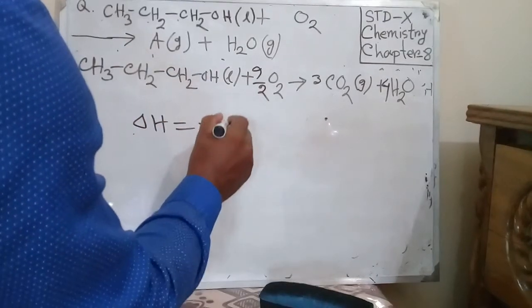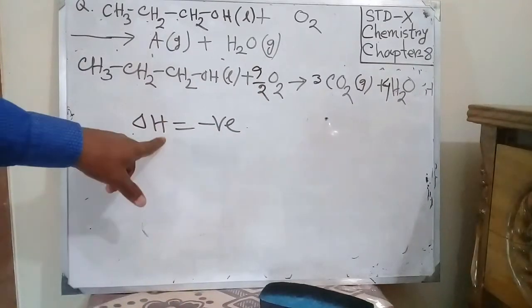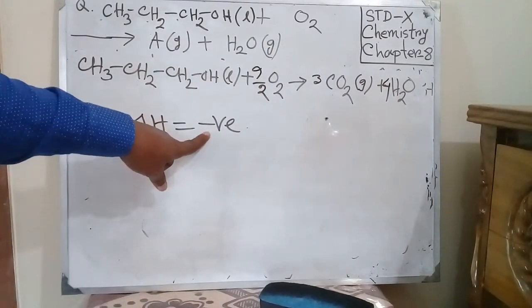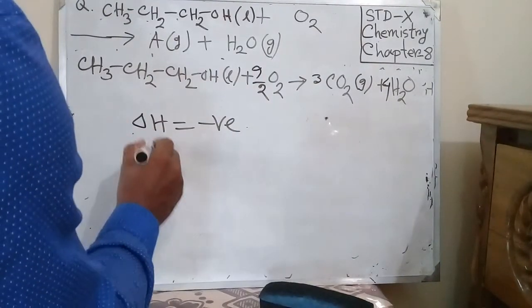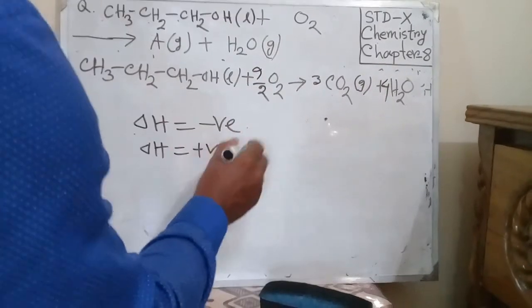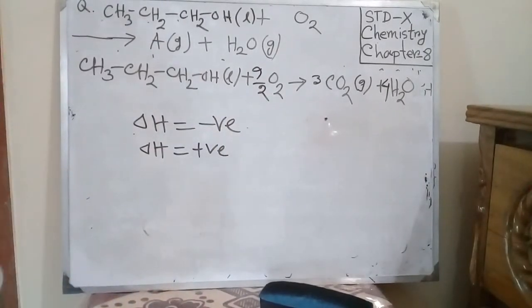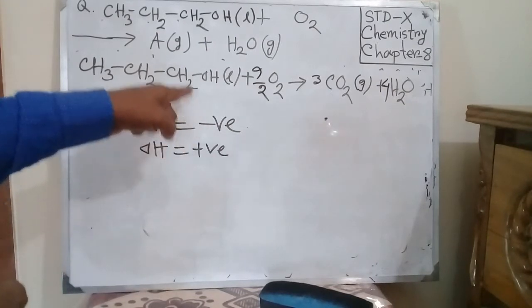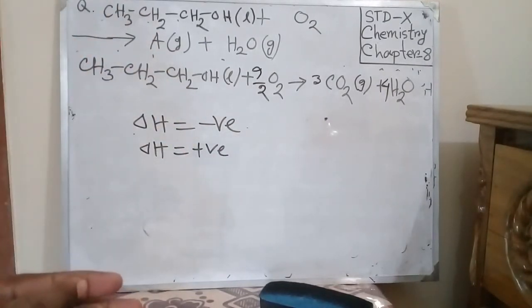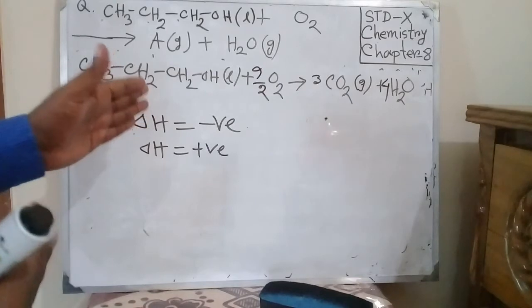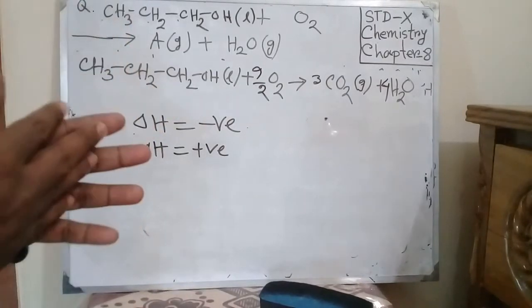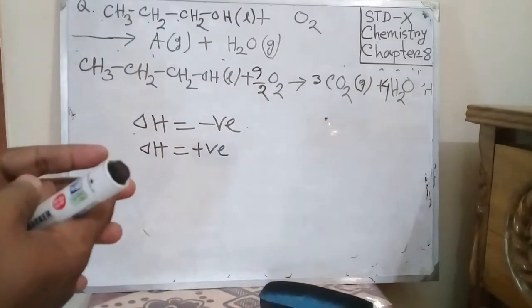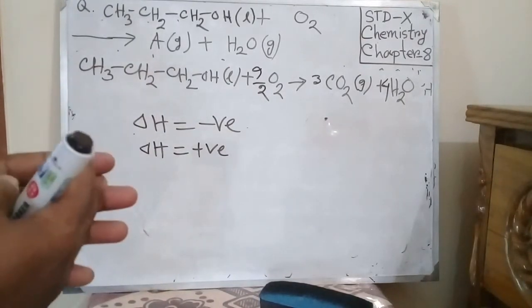If we get this value negative, then it's exothermic. If we get del H positive, then it's endothermic. So for finding out whether it's exothermic or endothermic, we need to find out the value of del H, and it's easy because we have been given the information on the bond energies.